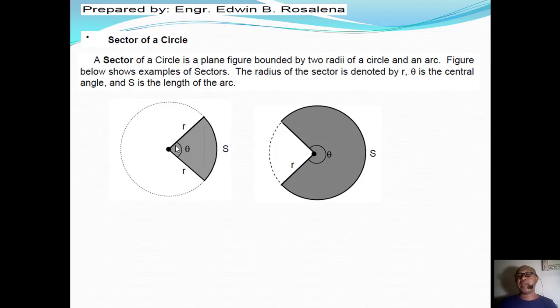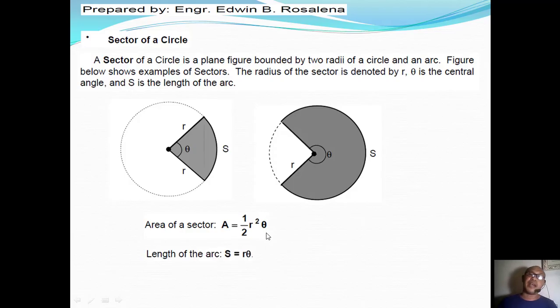By the way, we have a bigger sector here. This is a smaller sector in which angle theta is smaller than 180. And for the bigger sector here, the angle theta is greater than 180. Okay, so area of the sector is equal to 1/2 r squared theta.